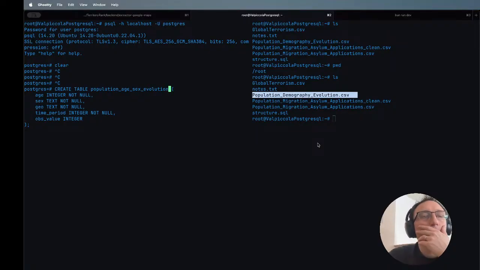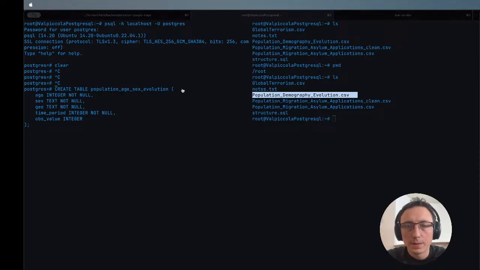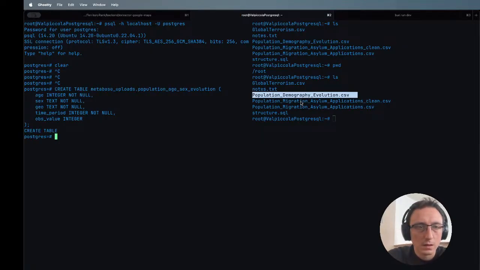Something like that. I'm not a huge fan, but then we also need to get the proper schema, which is called Metabase uploads. Nice. And finally, we can upload the data.